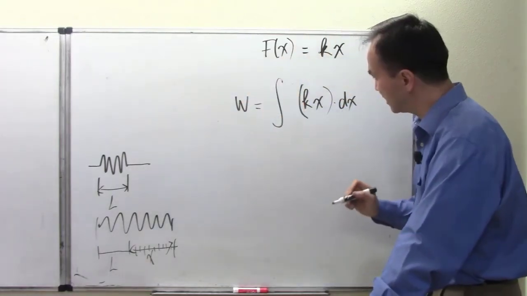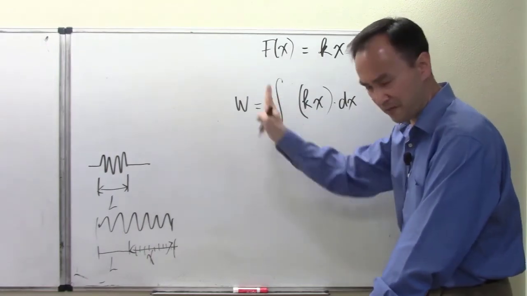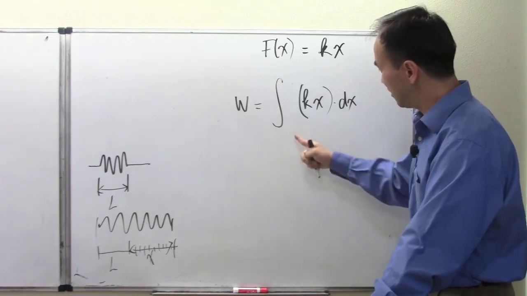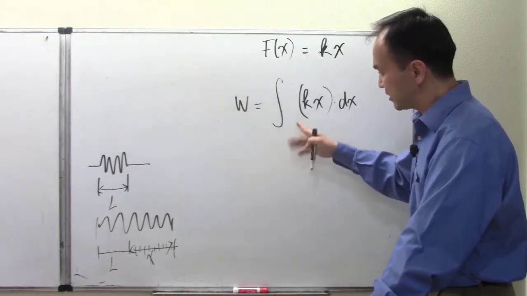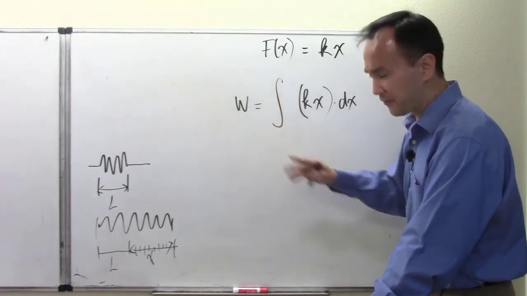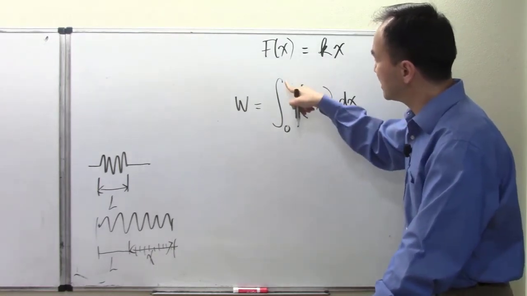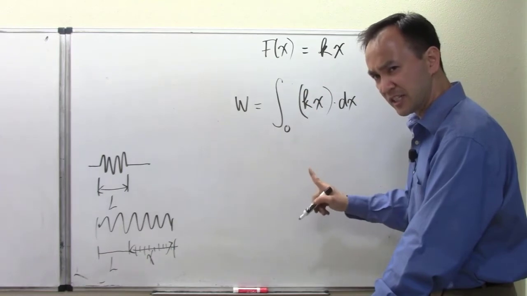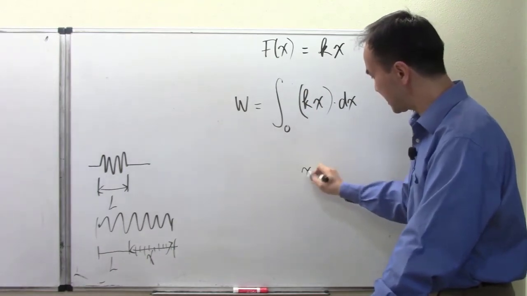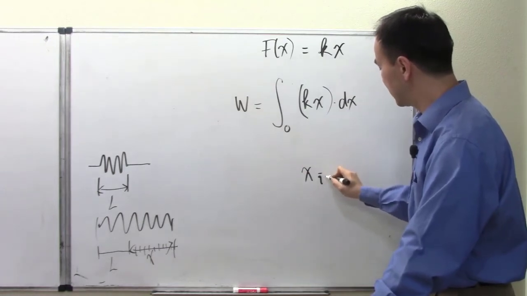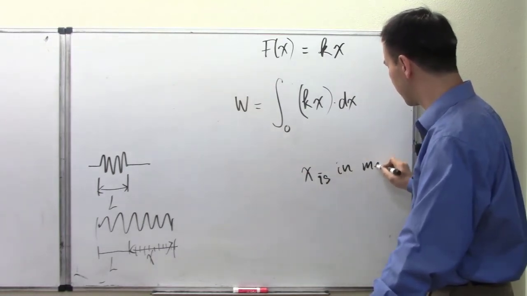From the general understanding and from what I explained in part A, it's clear that, just like in part A, we're stretching it from 0 to 16 centimeters. But when we go with the international convention, x is in meters.